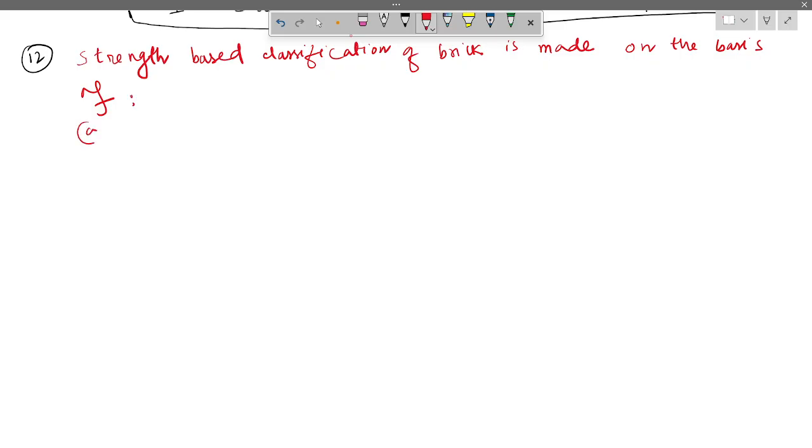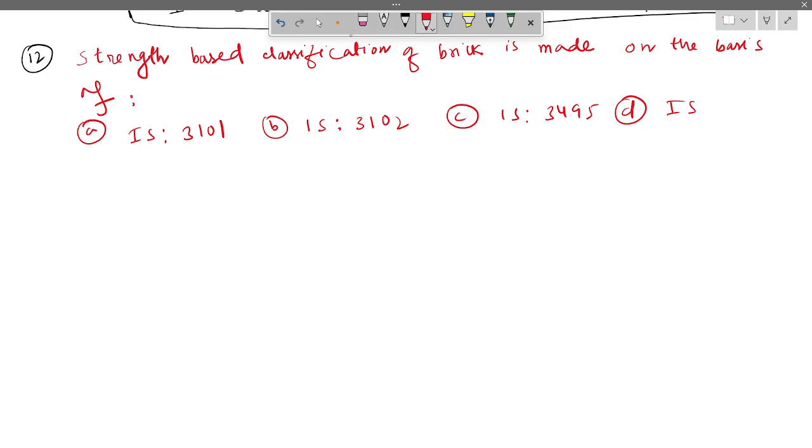Four options are given. A is IS 3101, B is IS 3102, the third option is IS 3495, and the last option, D, is IS 3496.